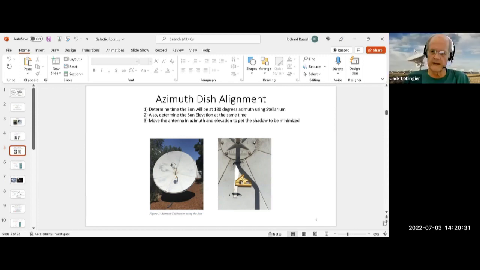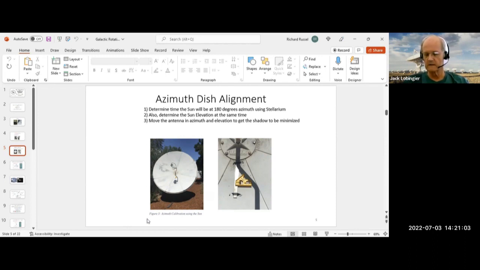One thing I did, Rich, I have a tripod support holding up my feed, and I put a laser pointer and made sure it was perpendicular to the feed plate, and then adjusted the tripod feed so that it was pointing directly at the center of the dish, so I knew I was vertical to the dish. Then I did the same kind of thing you did, which gauged it by shadow.